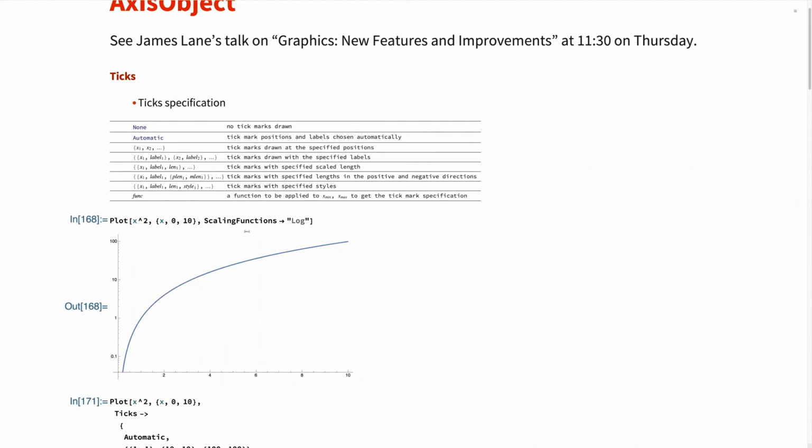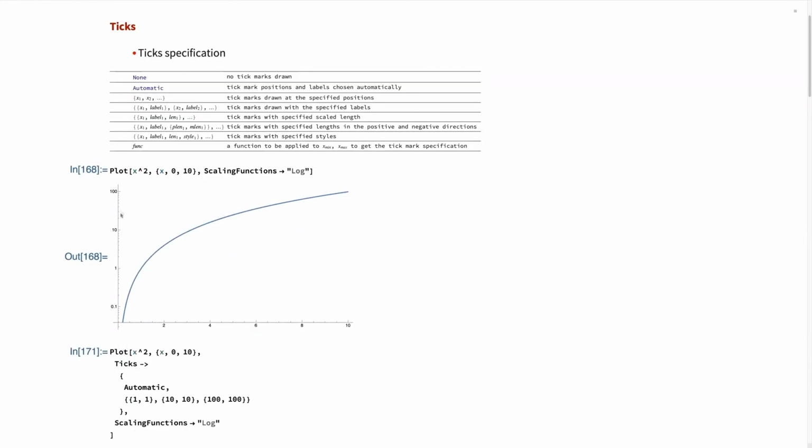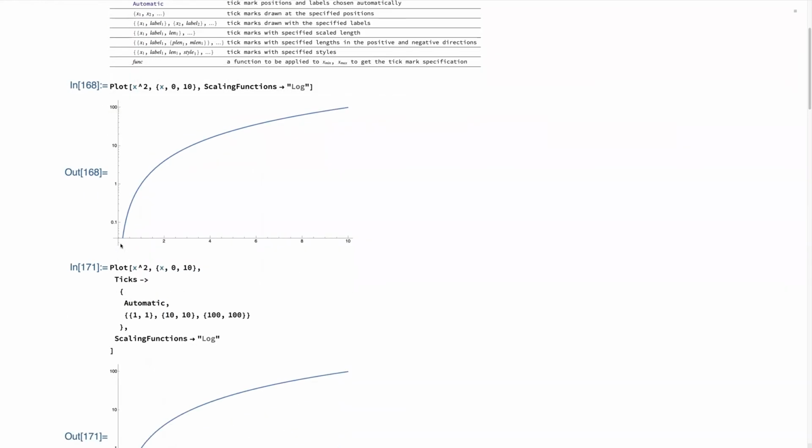So for example, we had this plot before, right? X squared and the scaling function called log. So what if I want to change the tick styles? What if I want to style them to red? Well, there wasn't a tick style option before.